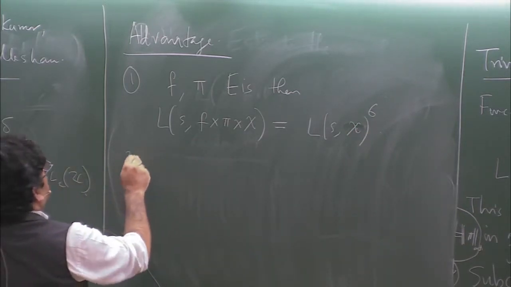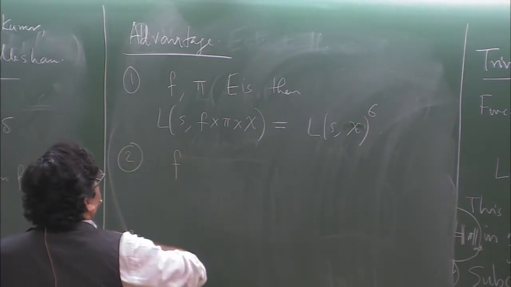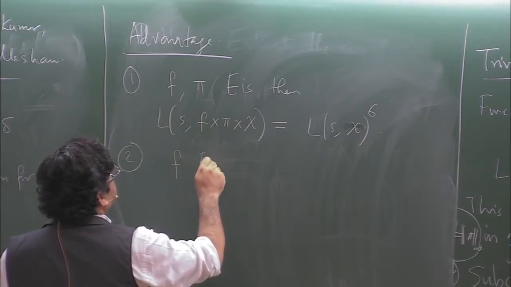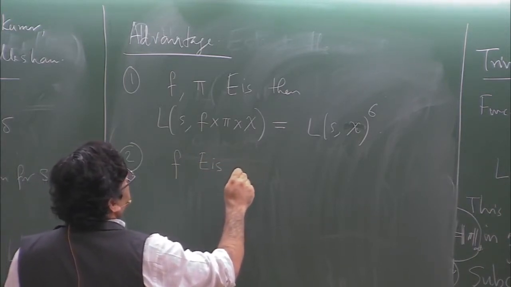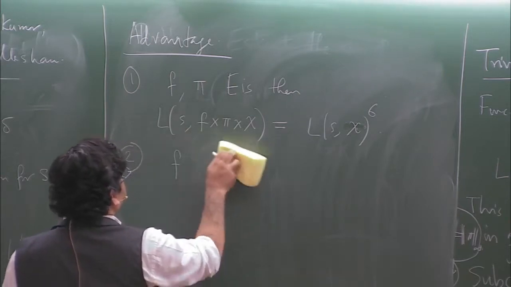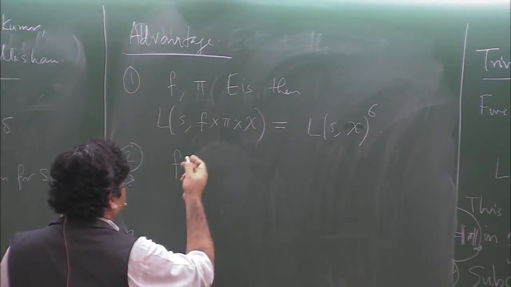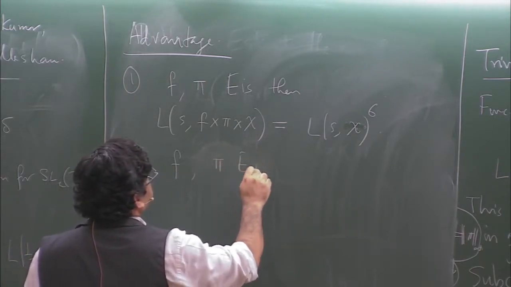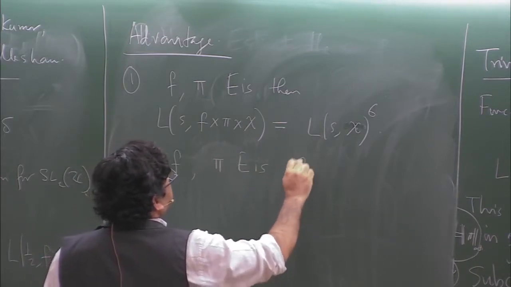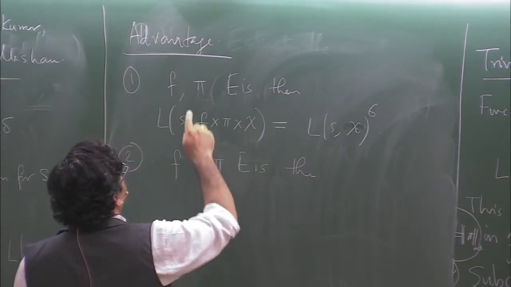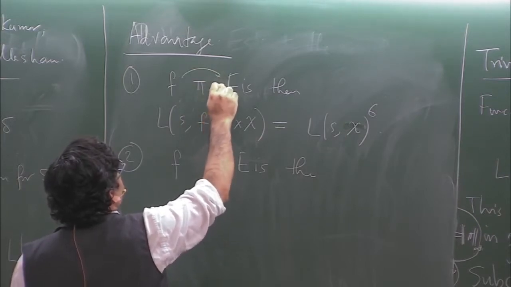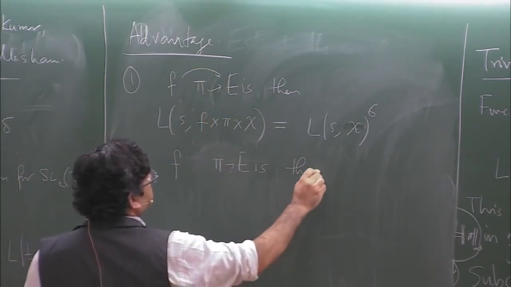And if you pick F to be any form and pi the Eisenstein series, then so here both of them are Eisenstein, here only pi is Eisenstein.